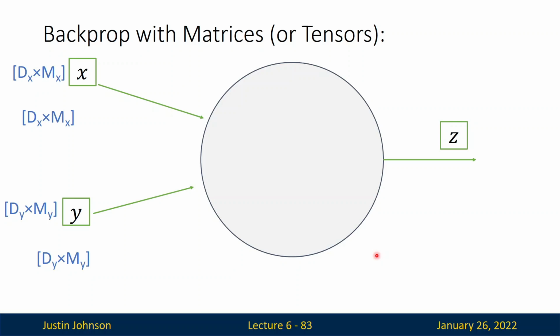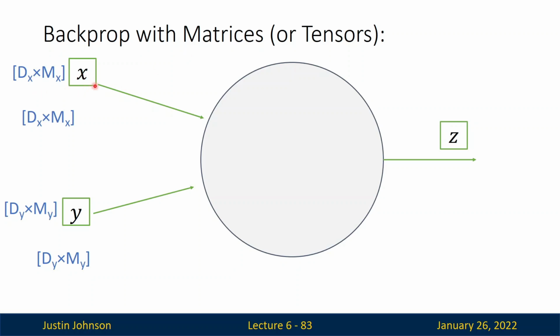By definition, the only difference is the number of dimensions. So you can treat them in the same way, and we just use a matrix as an example.